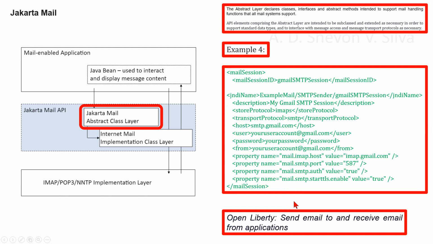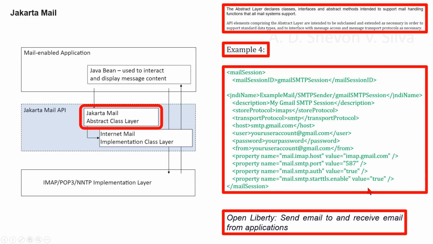As example 4, we can consider this one. This is in Open Liberty. This is to send an email and to receive email from an application. You can call the Jakarta Mail libraries in any application that runs on the server to send and receive emails.